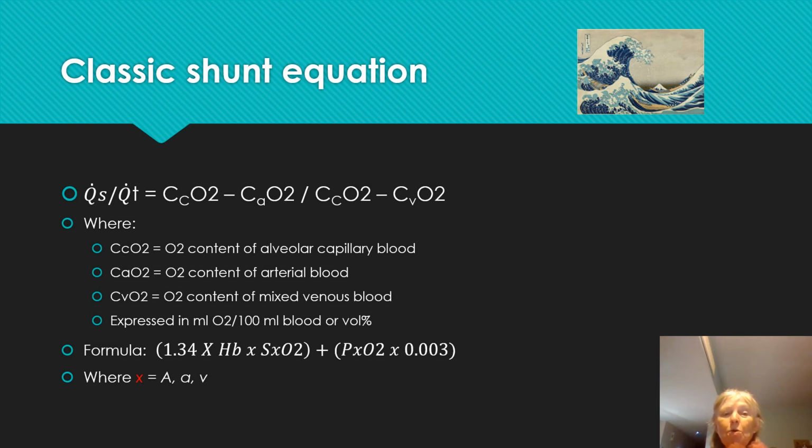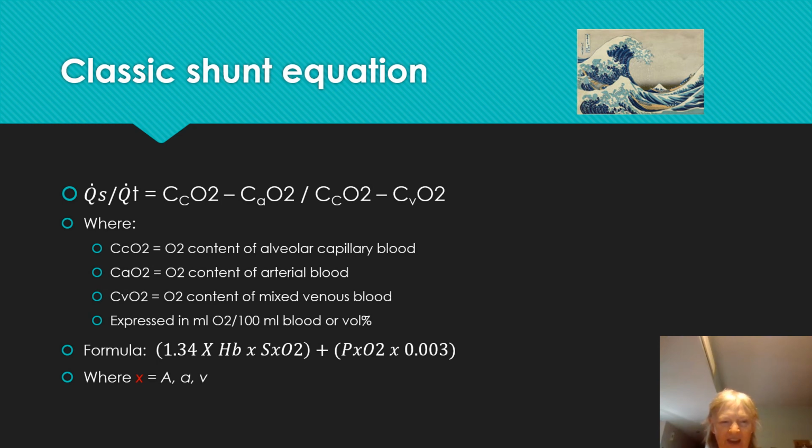CcO2 is the O2 content of alveolar capillary blood. This is what's available in the alveoli. It's always 100% saturated, okay? Your CaO2 is the O2 content of arterial blood. And you probably had to do this if you had an ABG when you got your case study.